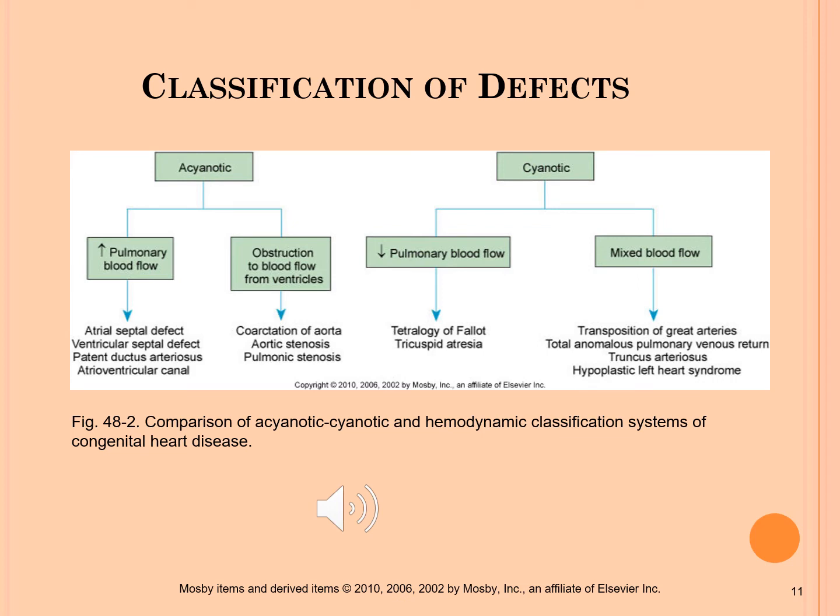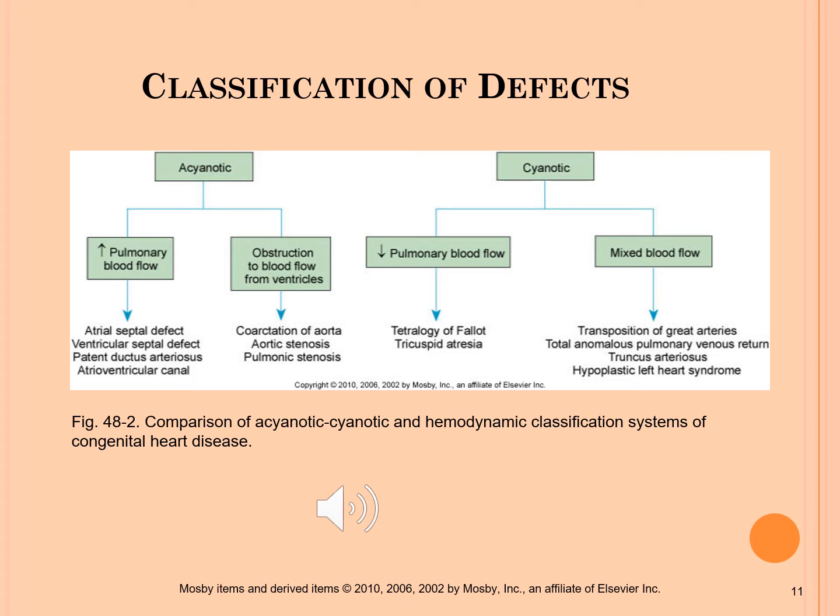Again, our two major categories are acyanotic or cyanotic. Acyanotic heart defects have what we consider left to right shifting of blood, meaning oxygenated blood from the left side of the heart mixes with blood in the right side of the heart, and goes back out to the lungs to be oxygenated again, right?